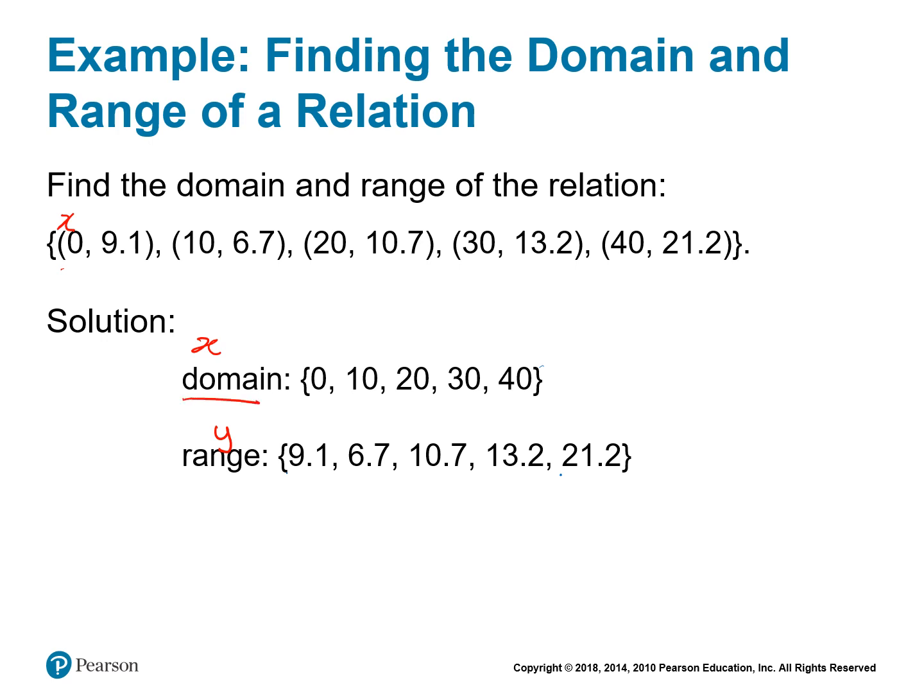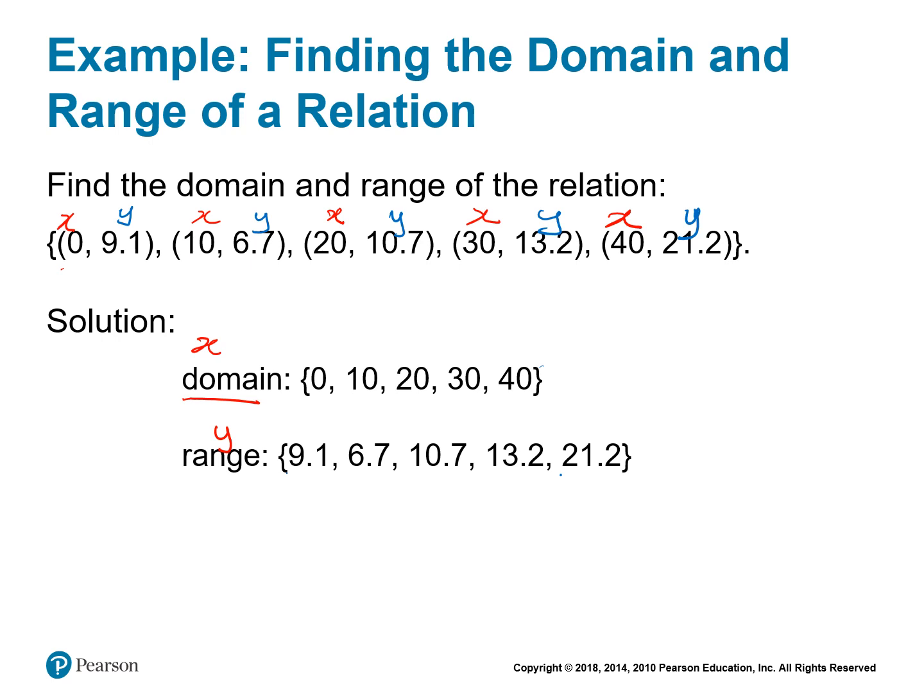So 0 is a domain value, 10 is a domain value, 20, all the first components of the ordered pairs, 30 and then 40. These are all the x values, and the y values, 9.1, 6.7, 10.7, 13.2, and 21.2, will represent our range values. These are all our y values.